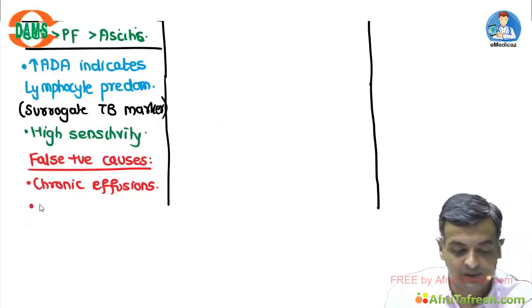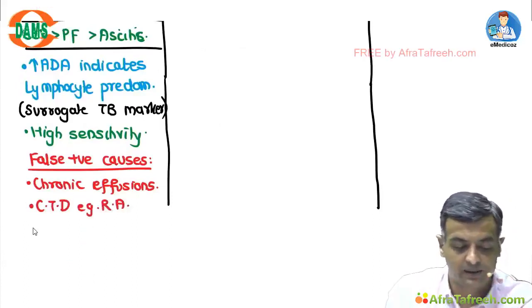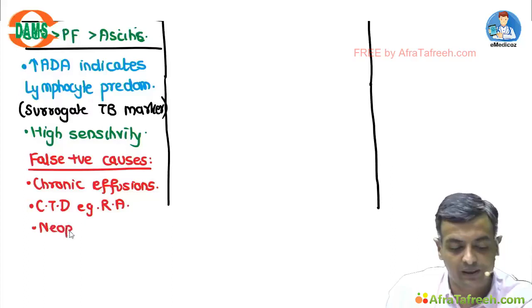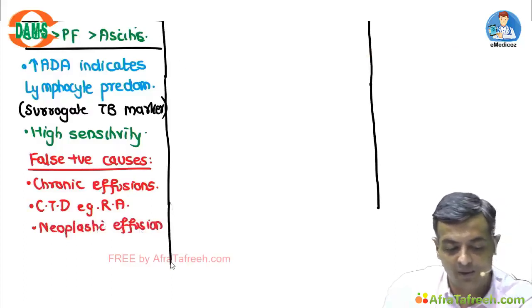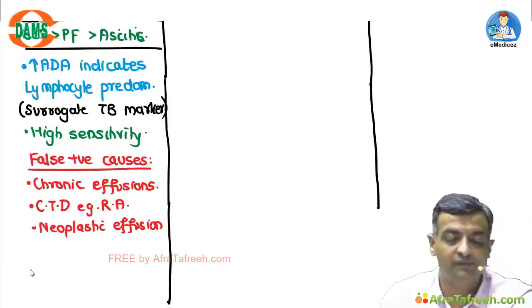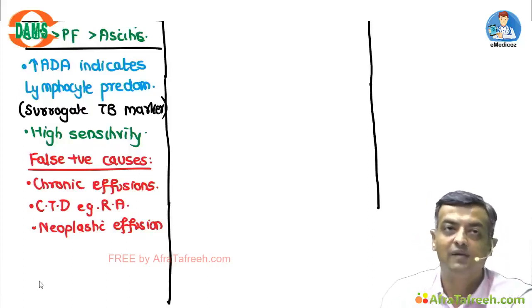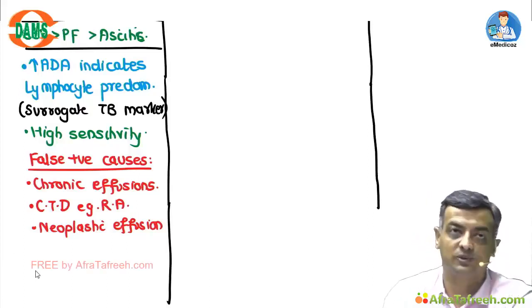It can also be false positive in connective tissue disorders like rheumatoid arthritis, or in a neoplastic effusion.